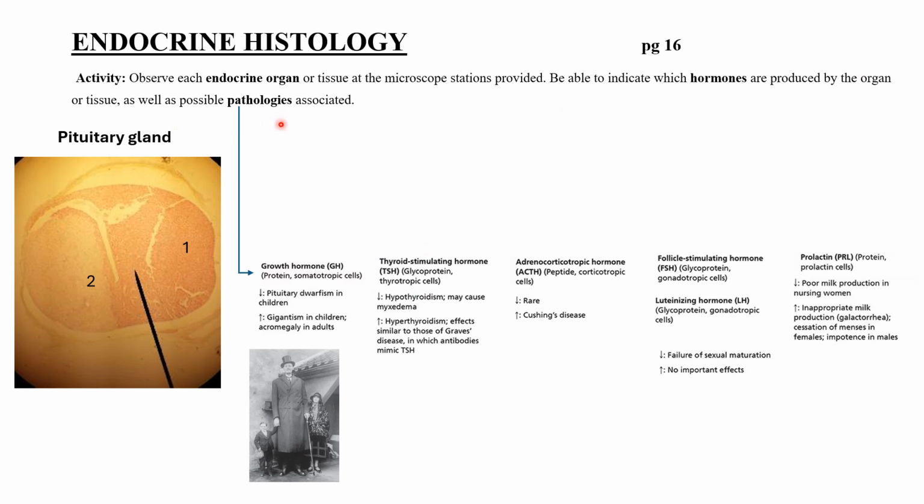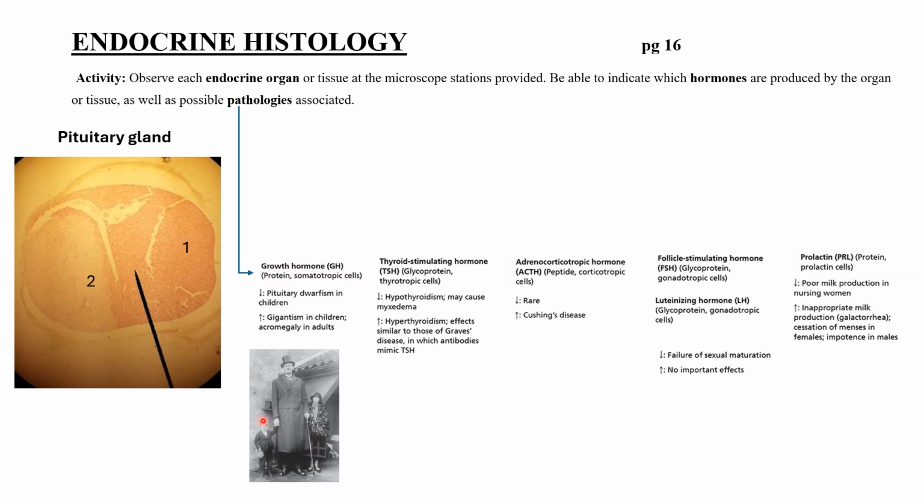What are the pathologies? If there is a deficiency of growth hormone in children, there is a condition known as pituitary dwarfism. It means that the child is small in stature and does not reach his full height.